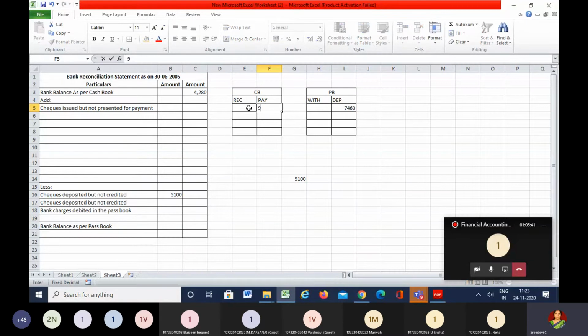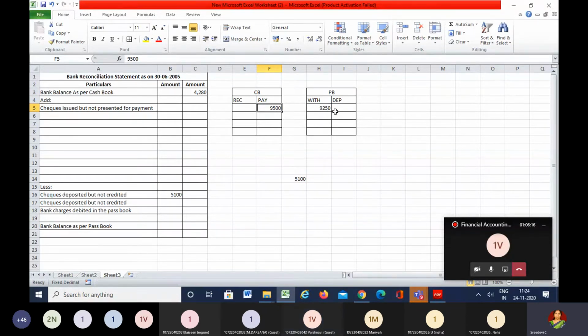So 9,500 have been issued here, but the bank has presented only 9,250. Now tell me which book balance is less? Passbook is less. In the cash book I have paid 9,500, whereas from the bank the withdrawal is only 9,250.